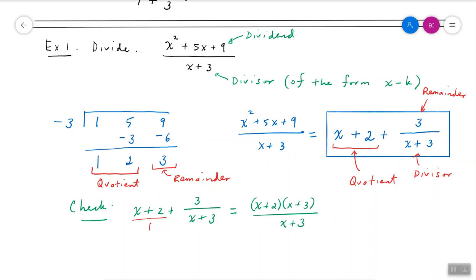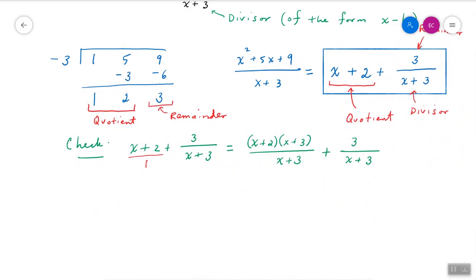So we rewrite the first part, the quotient, x plus 2. We rewrite it with the common denominator, x plus 3. How do we do that? We multiply by x plus 3 in the numerator. And then we're going to add on 3 over x plus 3.